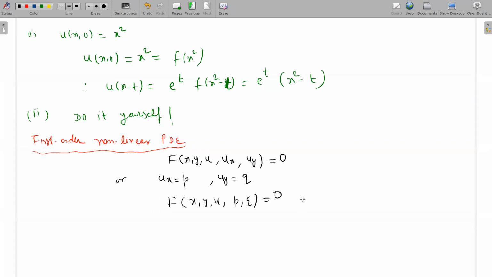Also, we put one condition here. Since the equation is of first order, this will be non-zero.